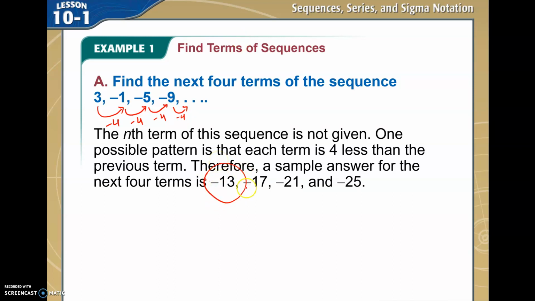And then again you do -4 more, -17, -21, -25. So what is this sequence? The nth term of this sequence is not given, but the pattern is very easy to figure out. Each term is 4 less than the previous term, which I already explained. This is how you find the next term.